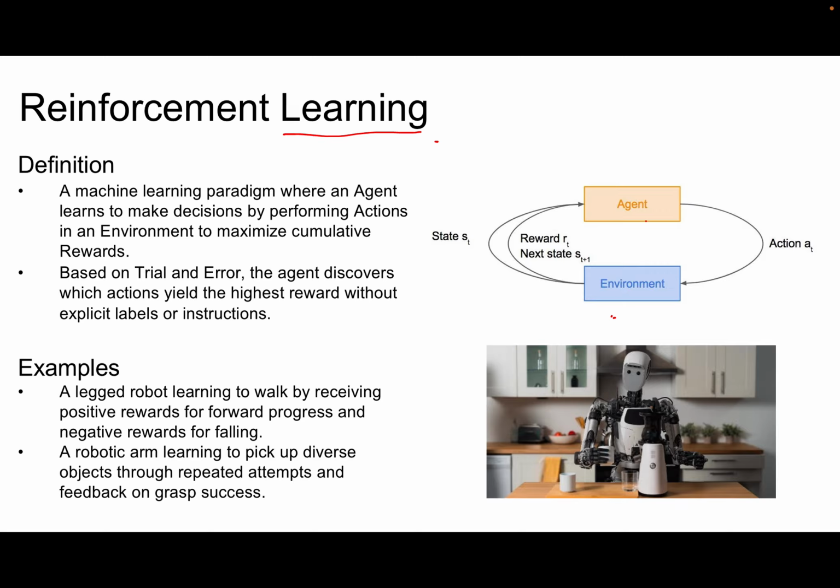So we have an agent and an environment. The agent takes action. You can think of an agent like a robot or some character in a video game, or a human, anything that can do something.